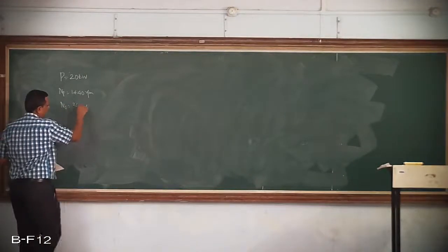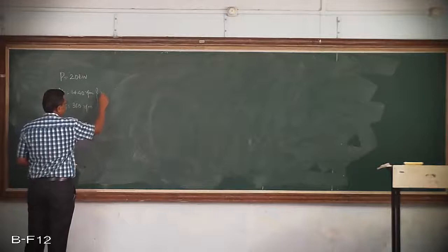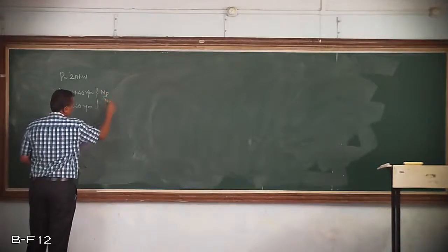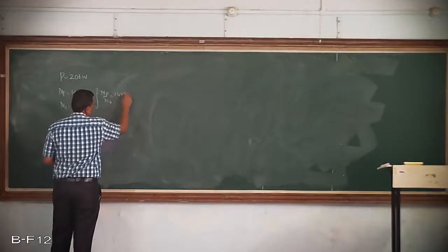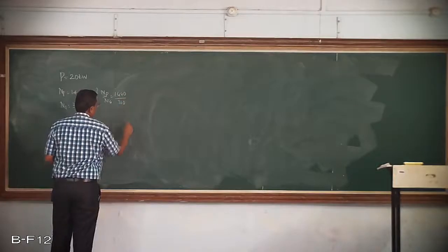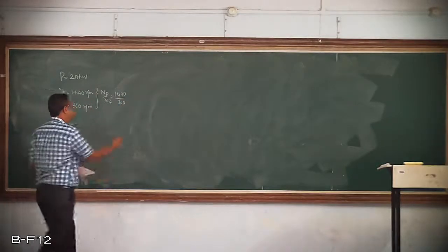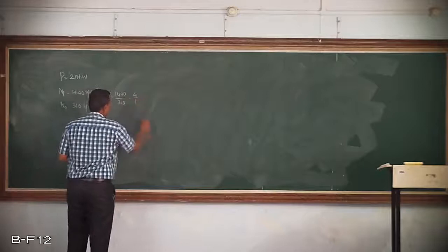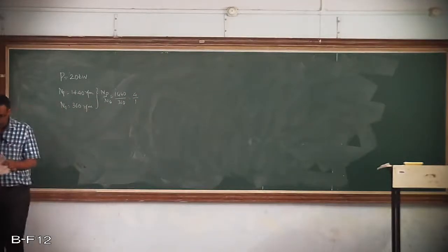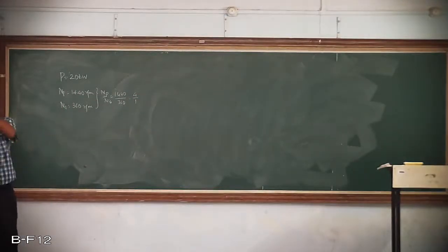From this, you can find the velocity ratio. NP by NG is 1440 divided by 360, which is approximately 4 times. Therefore, it is 4:1, a speed reduction of 4:1. The speed is reduced 4 times.